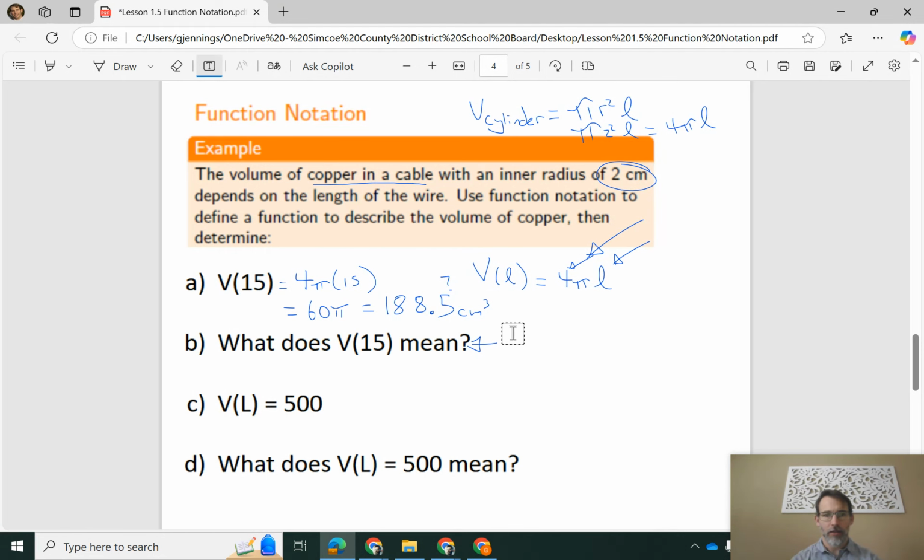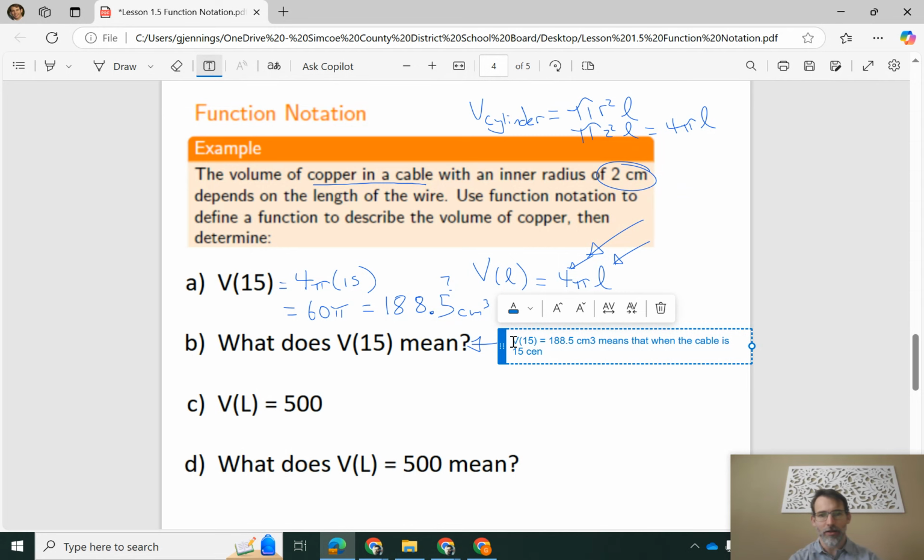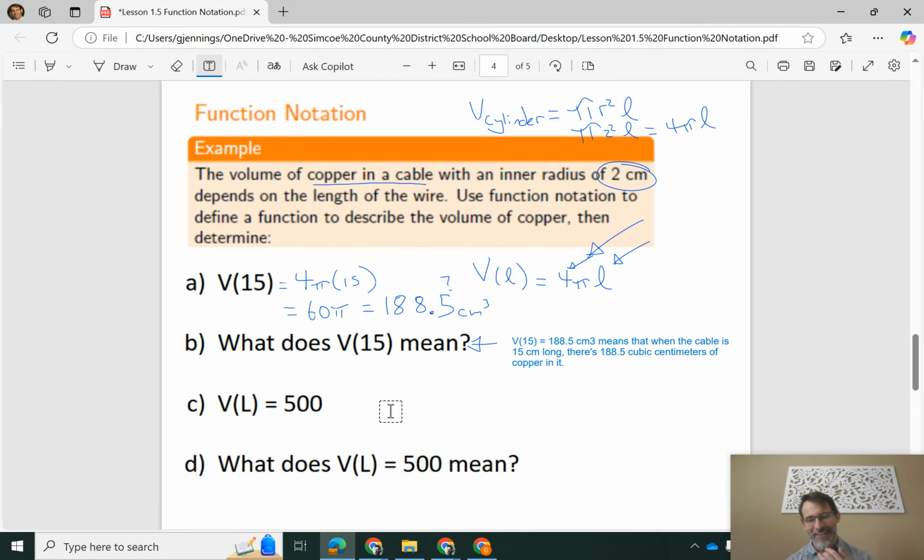So V at 15 equals 188.5 centimeters cubed means that when the cable is 15 centimeters long, there is 188.5 cubic centimeters of copper in it. That's what it means.